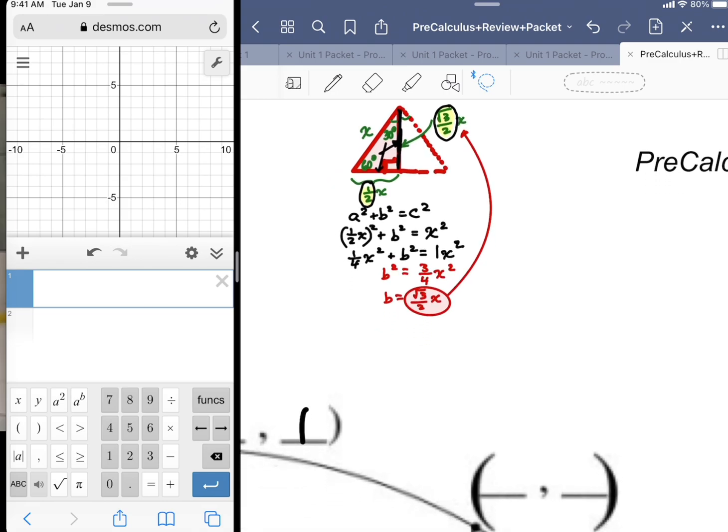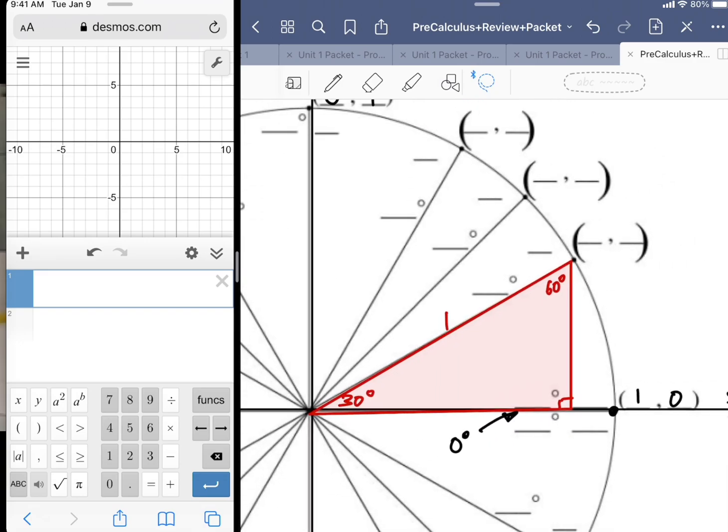So that's telling me that in this triangle that I constructed on the unit circle, opposite the 30-degree angle is going to be 1/2. Opposite the 60-degree angle is going to be radical 3 over 2. So we now know the dimensions of this triangle. Wonderful. What does that tell us in terms of coordinates?